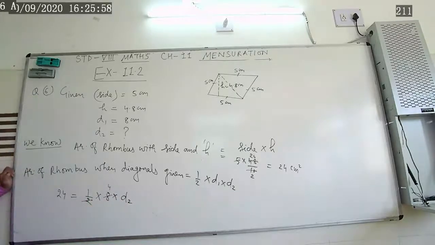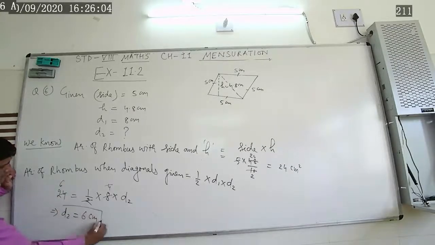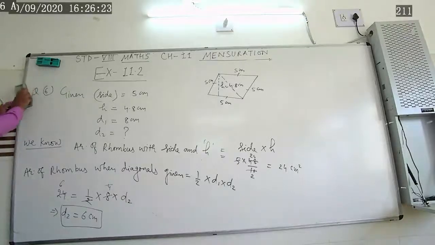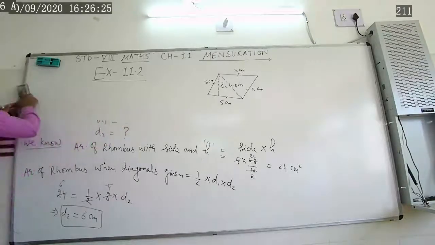Which implies d2 is coming 6 centimeter. So I have again calculated the value of diagonal number 2. Clear everybody? Question number 7 is homework and question 8 I will do.